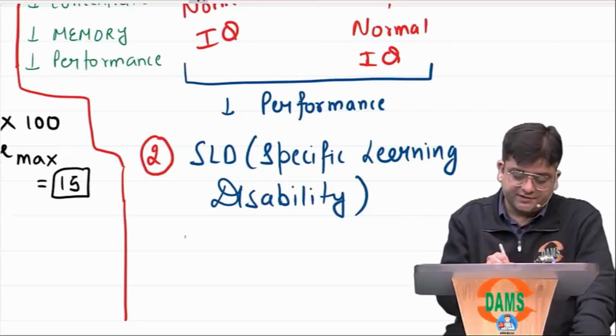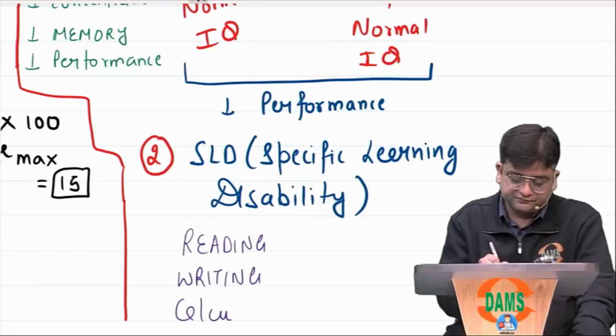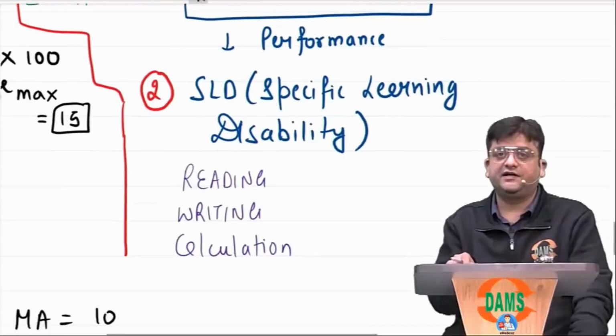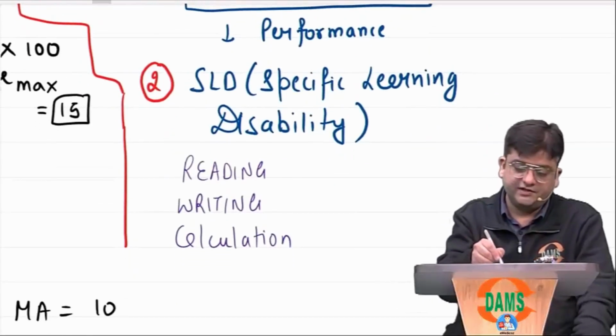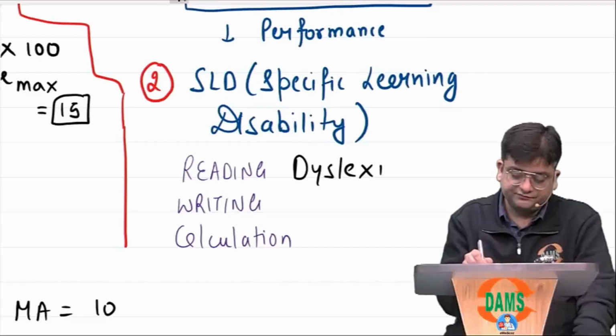They are of 3 types. Reading difficulty, writing difficulty and calculation difficulty. Reading is known as dyslexia.